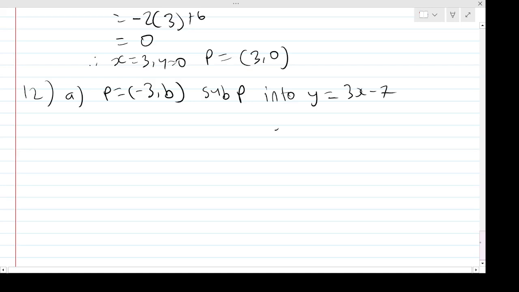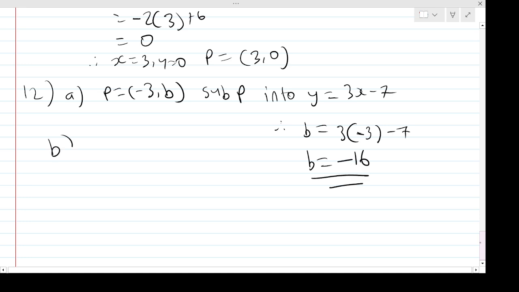And that will give me that, therefore y would be b, the y coordinate is b, and so the x, so then we have 3 lots of x, which is going to be 3 lots of minus 3 minus 7. Well, that's easy, that gives me b, right? So then I can just calculate that. That means b is going to be 3 lots of minus 3 is minus 9, minus 9 minus 7 would be minus 16. There we are, cool.